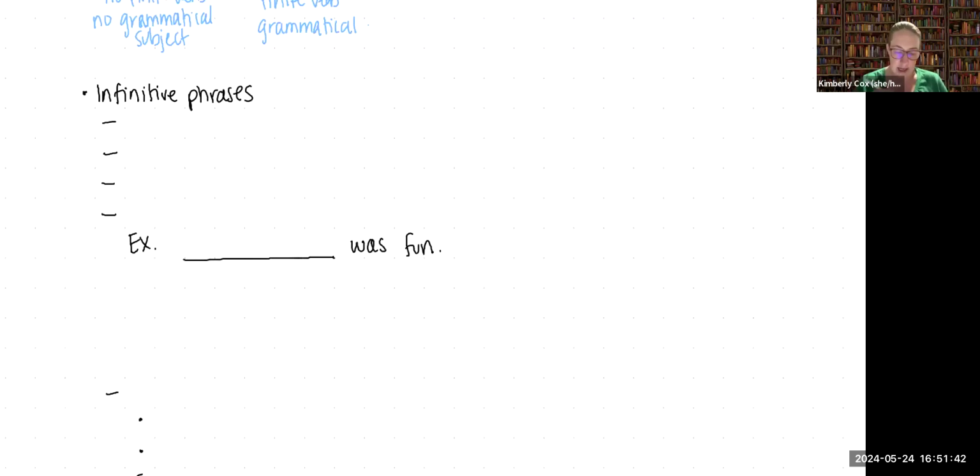So just in case you don't remember, an infinitive is going to be the word to plus the base form of the verb. So for example, to be, to run. Okay.